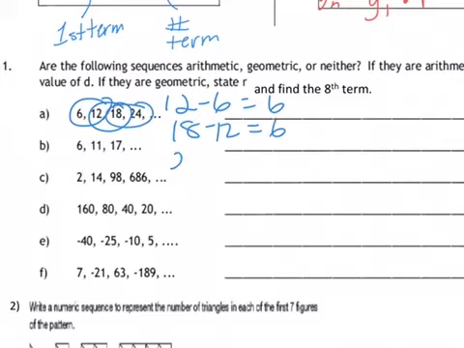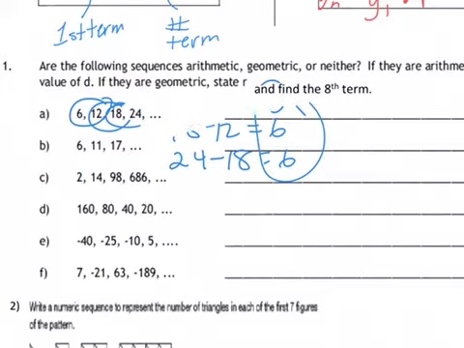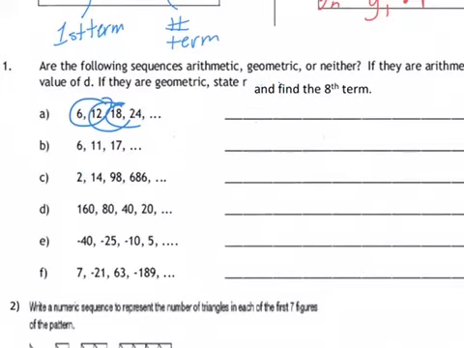We'll do 24 minus 18, and that gives us 6. We have our common difference. No need to do anything tricky. That is just our common difference, the number 6. Okay, so D equals 6. That means it is an arithmetic sequence.